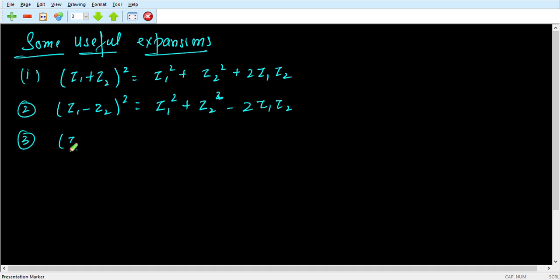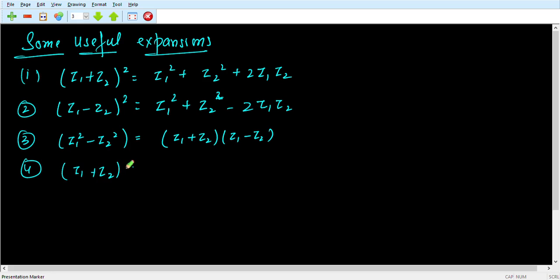Third result: z1 square minus z2 square is equal to (z1 plus z2) into (z1 minus z2). Fourth, (z1 plus z2) to the power 3 will give you z1 to the power 3 plus z2 to the power 3 plus 3 z1 square z2 plus 3 z1 z2 square.